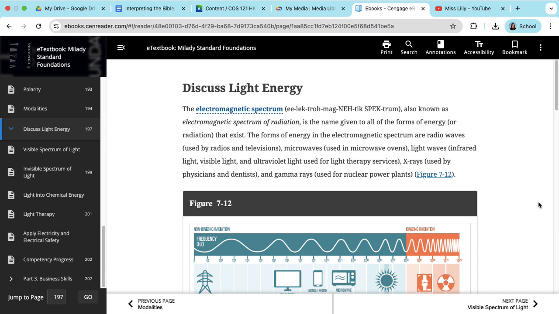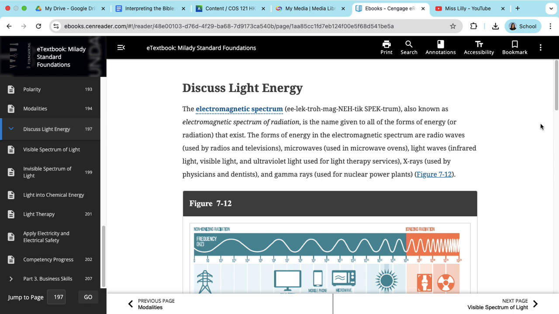Discuss light energy. The electromagnetic spectrum, also known as the electromagnetic spectrum of radiation, is the name given to all the forms of energy that exist.